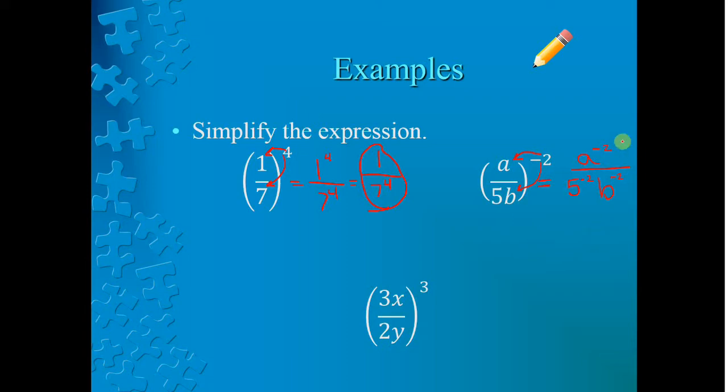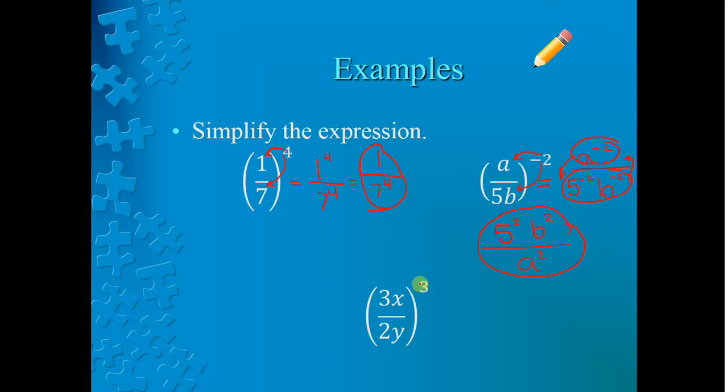So, now I gotta do some moving. This one is going to move to the bottom. These two, they're going to move to the top because they both have negatives. So, on the top, I should have 5 squared, b squared. On the bottom, I'm going to have a to the 2nd. Watch for those negative exponents. I'll be watching you, so you better be watching out.